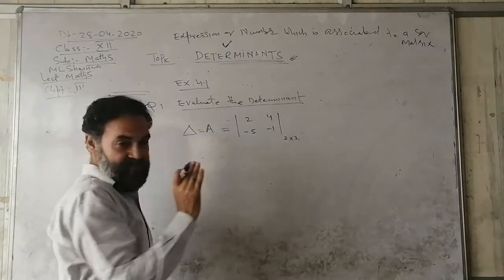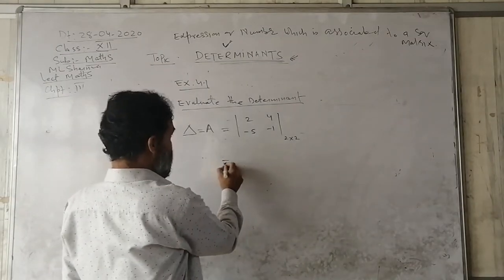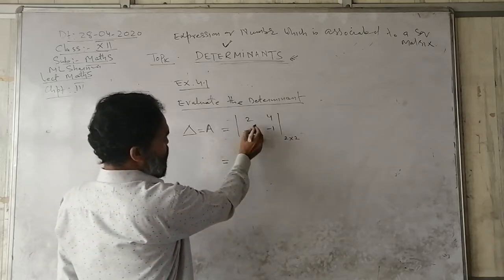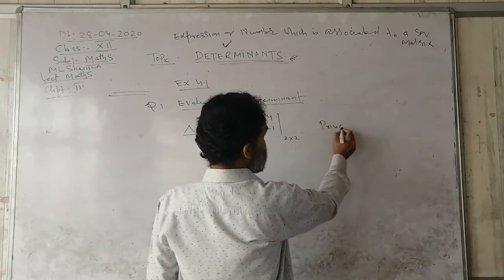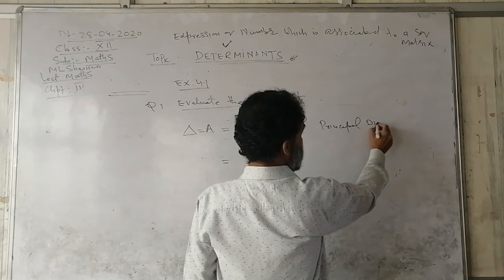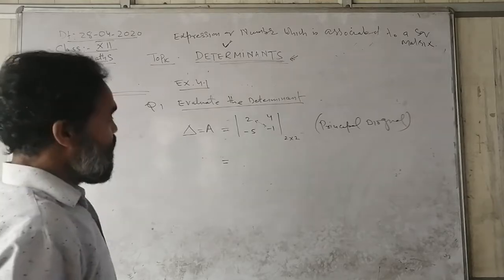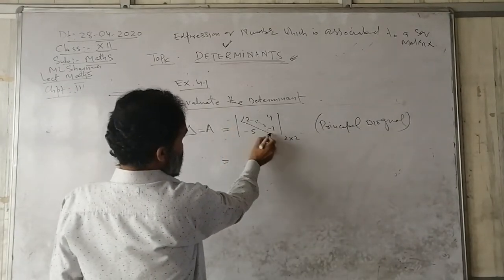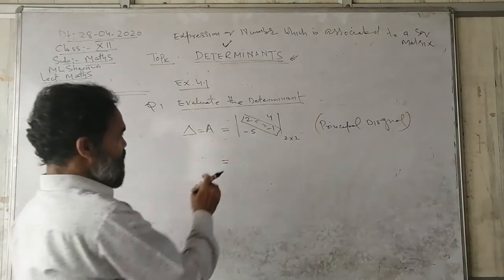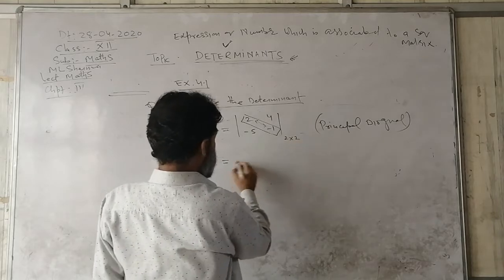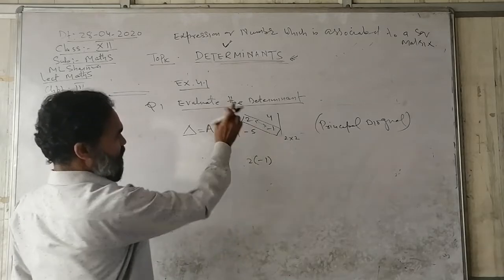If I have to find its value, as per the rule which I have already told you, this will equal, first, this element and this element, which are called the elements lying on the principal diagonal. Whenever you expand a 2 by 2 determinant, we multiply the elements which lie on the principal diagonal. So this will equal 2 and minus 1, the product of these two elements.